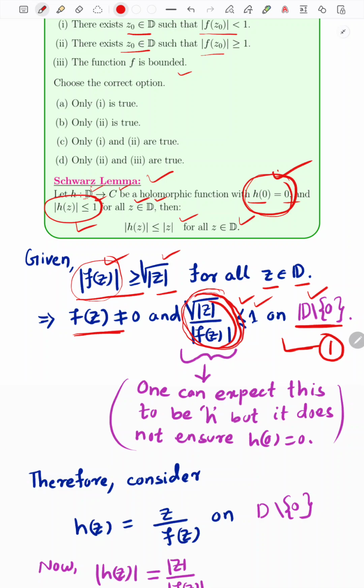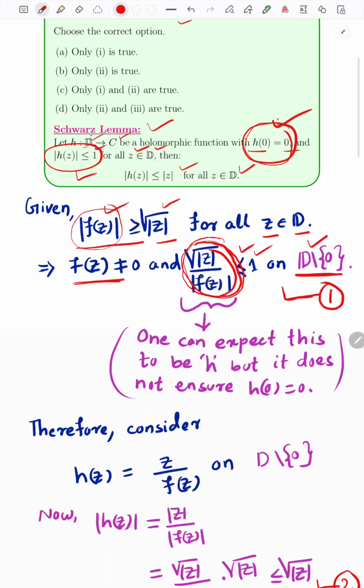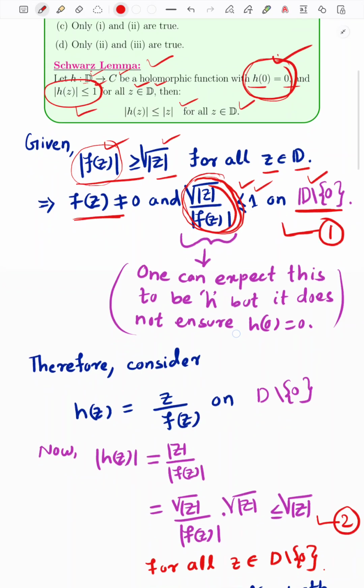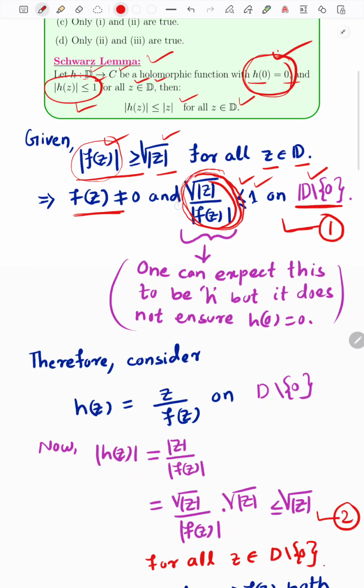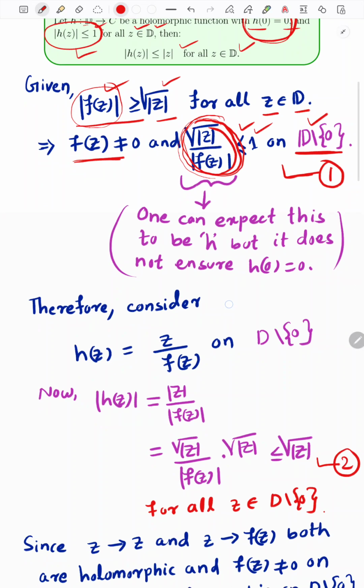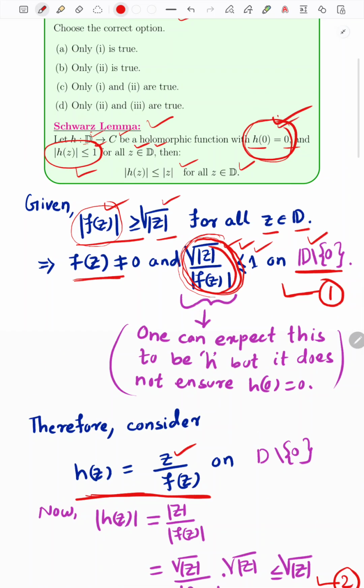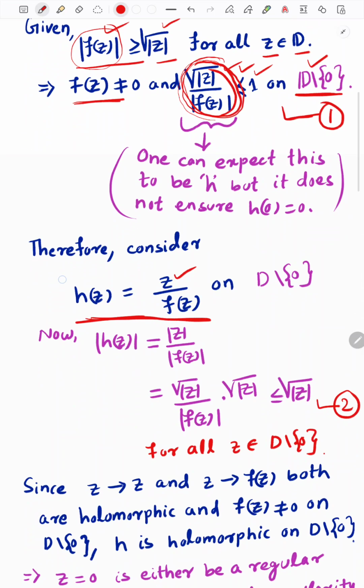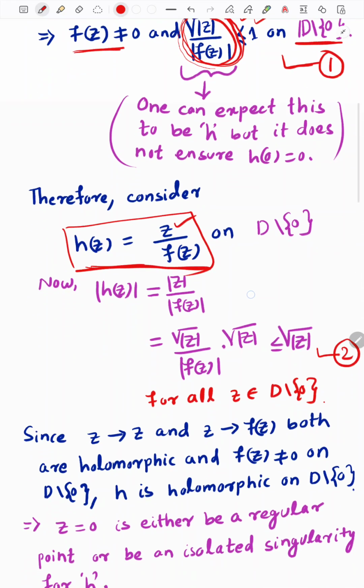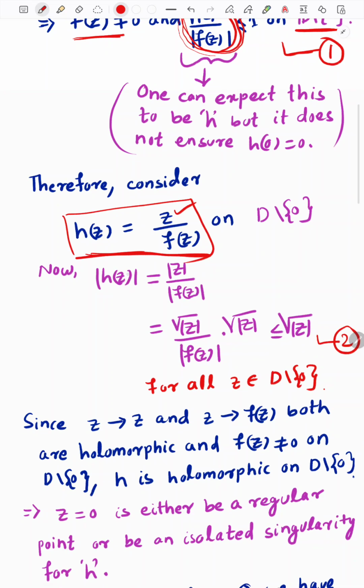To ensure that, we define the function h in a slightly different way: instead of √|z|, we take |z| or z. The intuition is that this function will ensure h(0) = 0. How? Let us estimate this function.